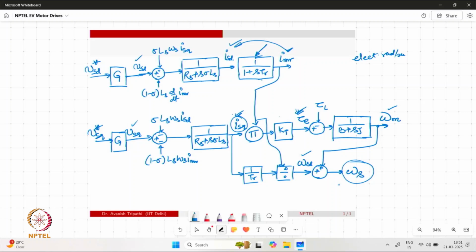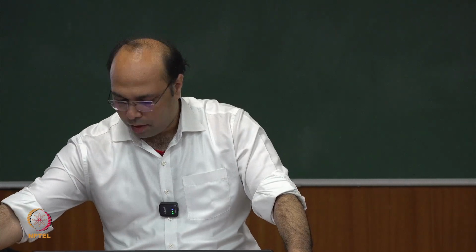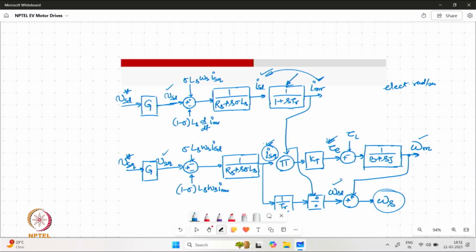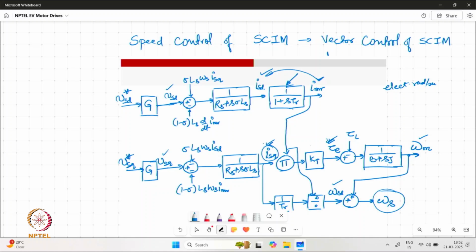Now we are trying to apply some controllers for torque and speed control of this system. So eventually this is also called vector control of CIM, or rotor flux oriented control.